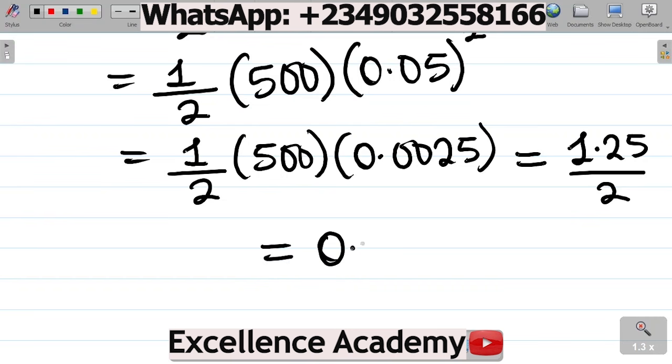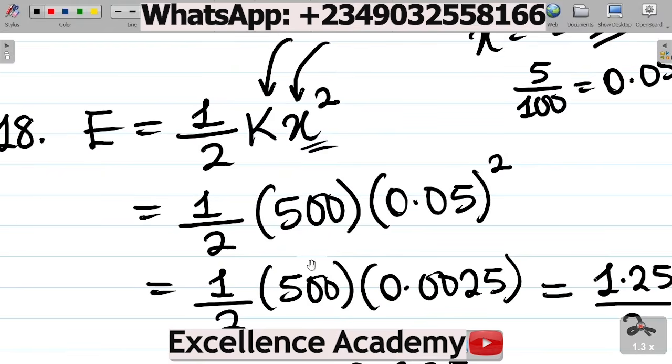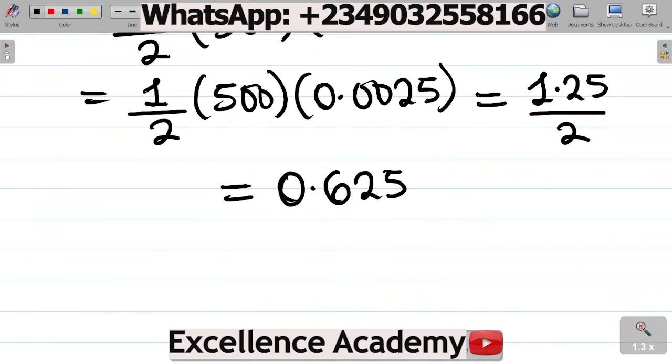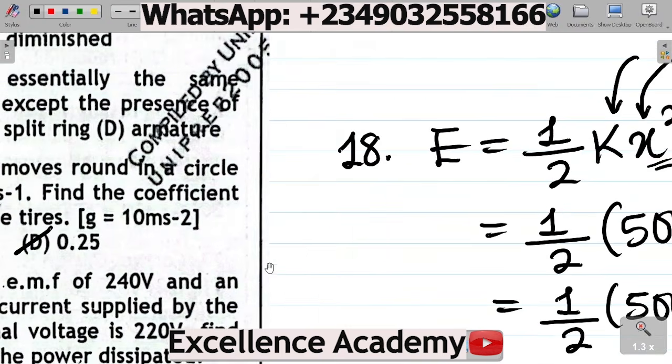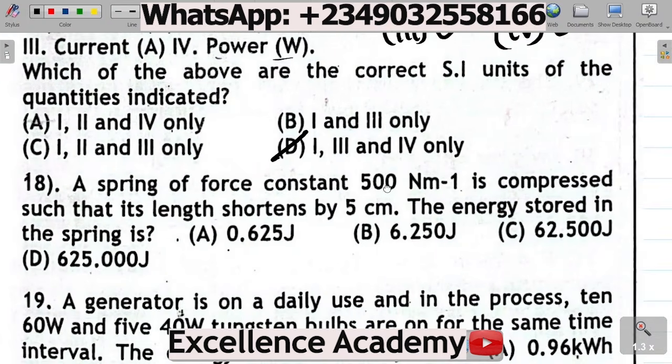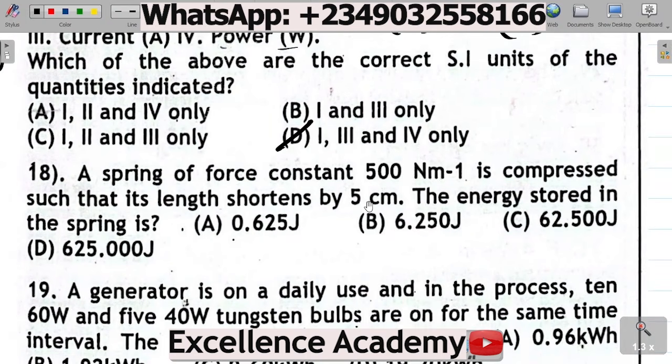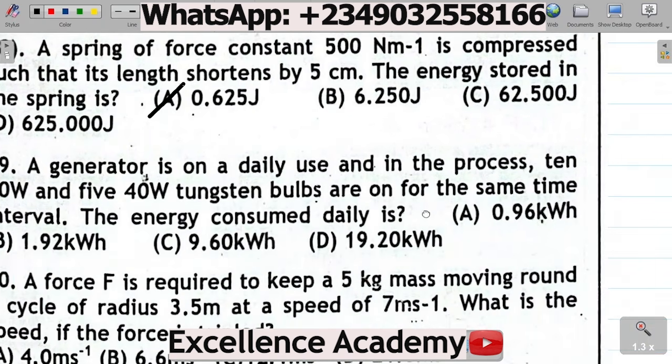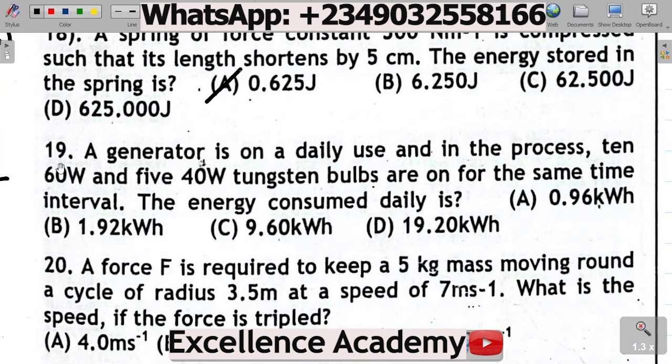That's 0.625. That's your answer. We're looking for energy, so this will be in joules. So 0.625 joules. That is option A. All right, next up, question number 19.